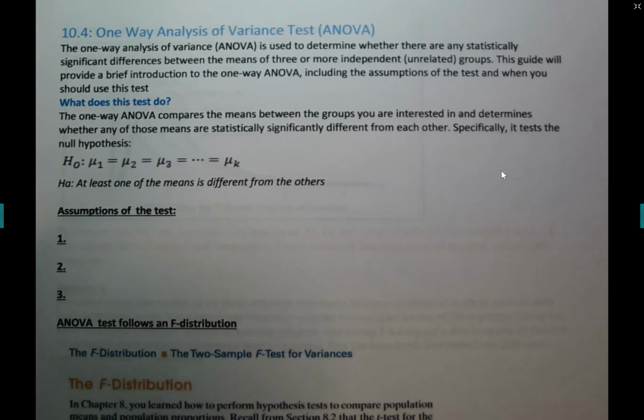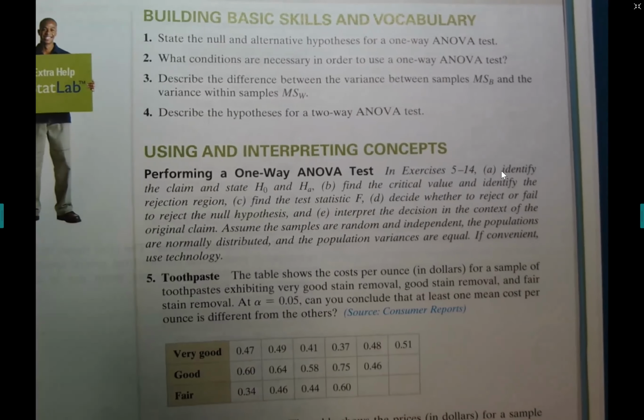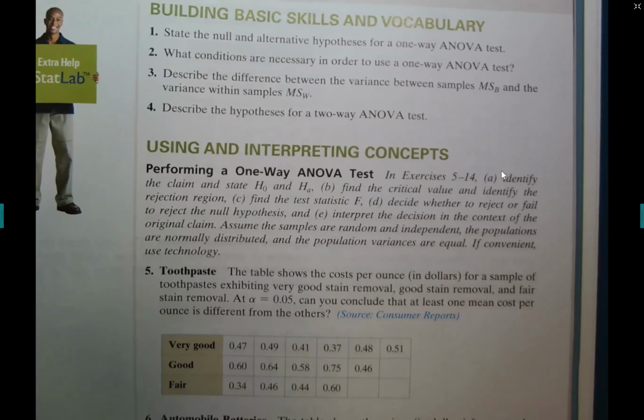I'm going to show you some examples right away of what this section is about, just to have a feel of what we're trying to achieve. Here you go. This is one example. Number 5.